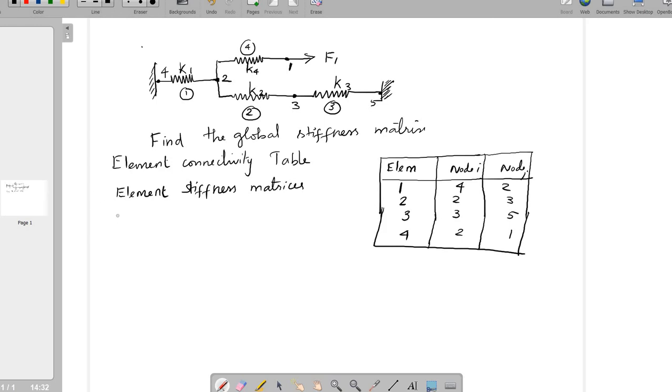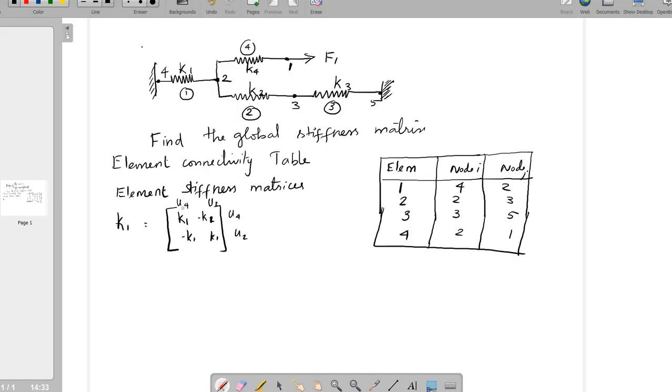For the element number 1, K1, we know that it is K, minus K, minus K and K. So it is K1, minus K1, here minus K1 and K1. This connects the nodes U4 and U2. Vertically it is U4 and U2.